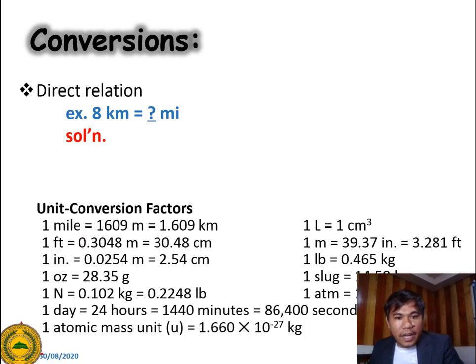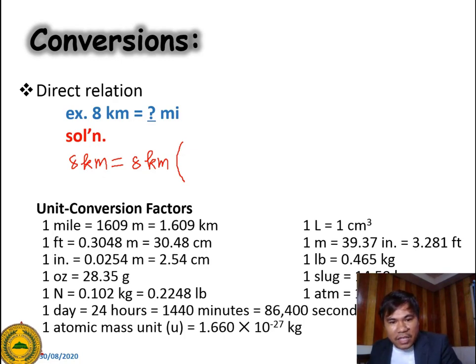Actually, you need to write on the left hand side 8 kilometers, and then write equals, and just copy again 8 kilometers. The next step is you need to multiply the conversion factor. Since I am converting kilometers to miles, I have this conversion factor here: 1 mile is equal to 1.609 kilometers.